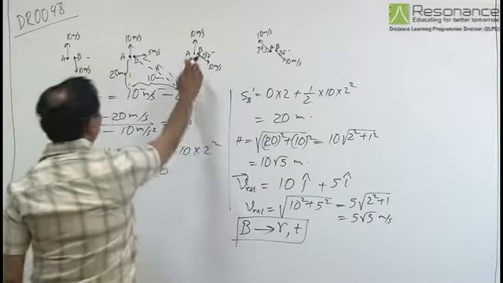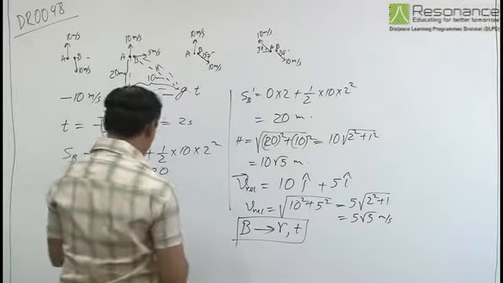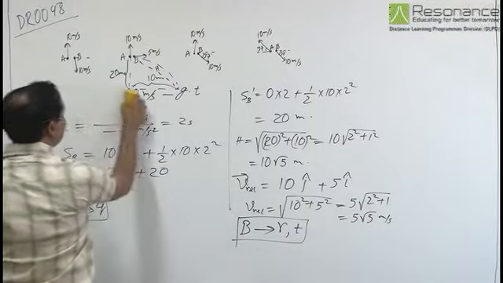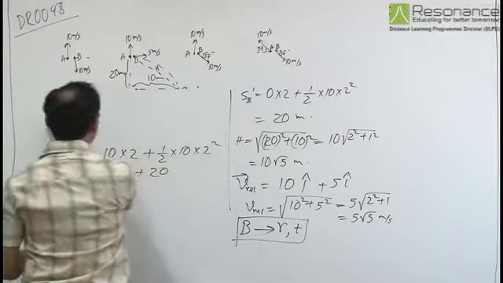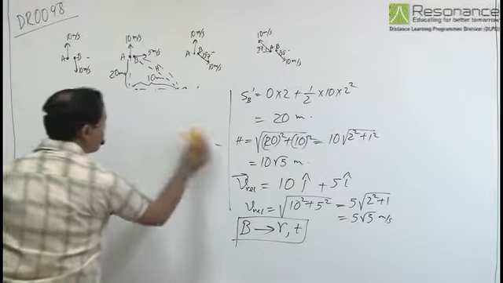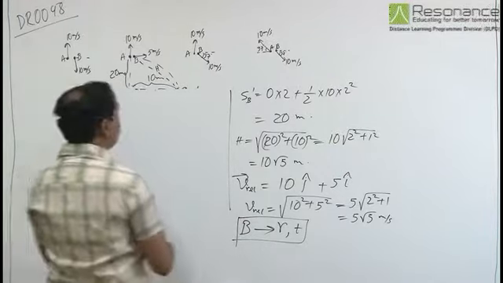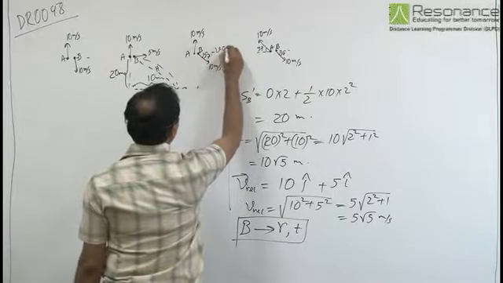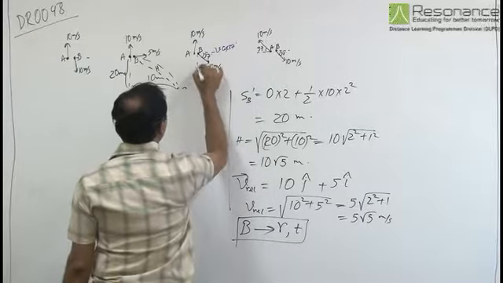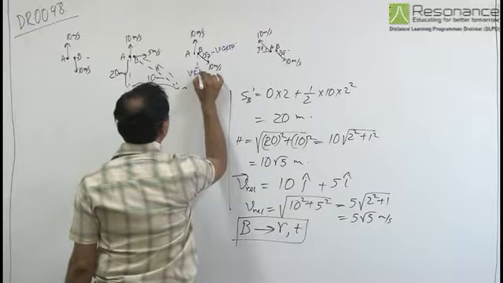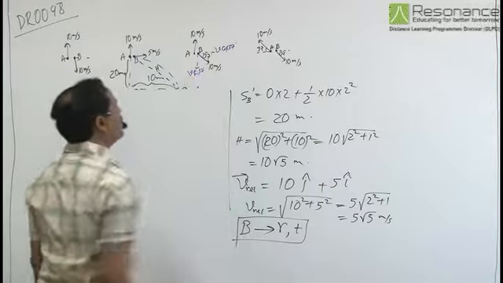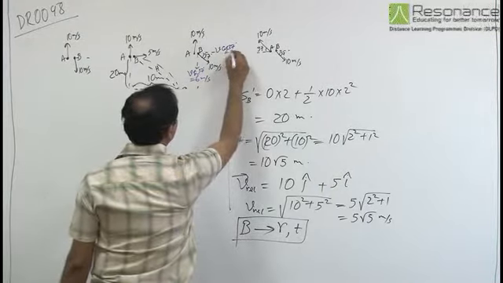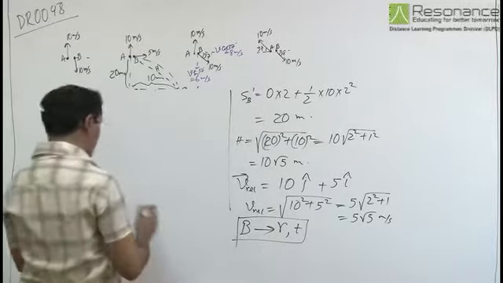Similarly, if we go for third situation C, after 2 seconds A returns to its point of projection and B has two components of velocity. One is v cos 37, other is v sin 37. Sin 37 by 5, so it is 6 meter per second and this is 8 meter per second.